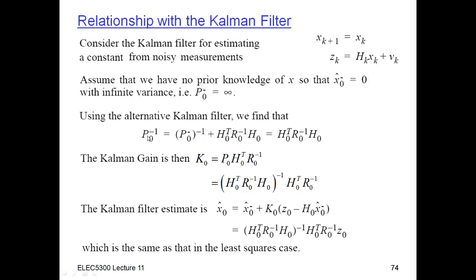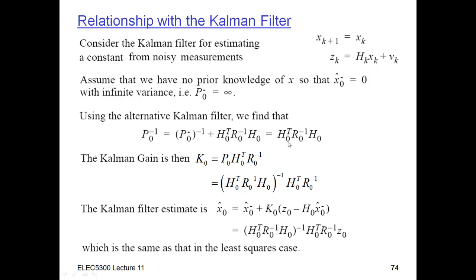This is like dealing with the precision. Originally I had infinite variance, so 1 over the variance is 0 precision. After I take into account a new measurement, I should get improved precision, and this quantity is the increase in the precision, which, increasing from 0, is just given by this.